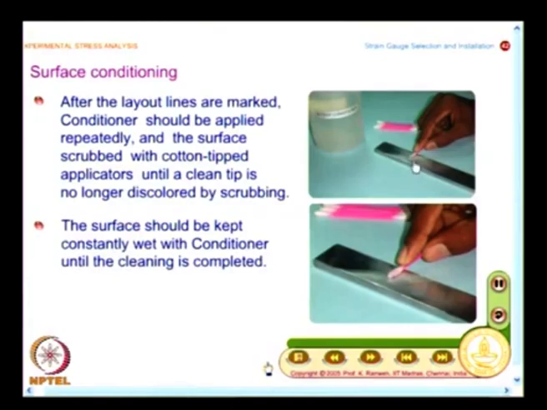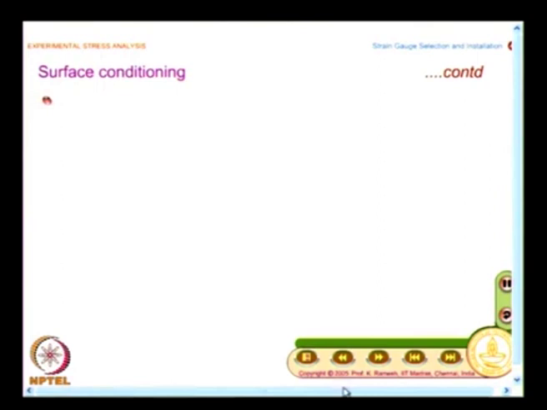Here again you should keep the surface constantly wet with conditioner until the cleaning is completed, because you do not want to allow the conditioner to evaporate, and as seen before you need to wipe it dry.